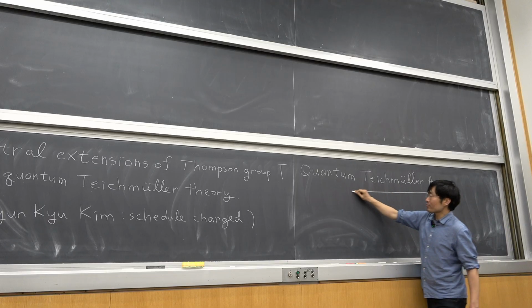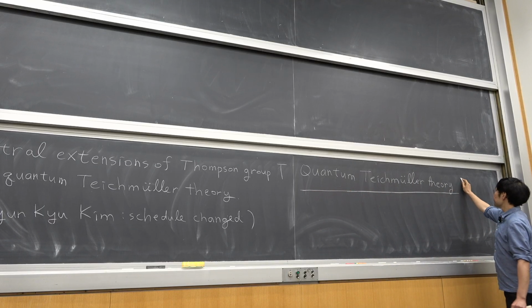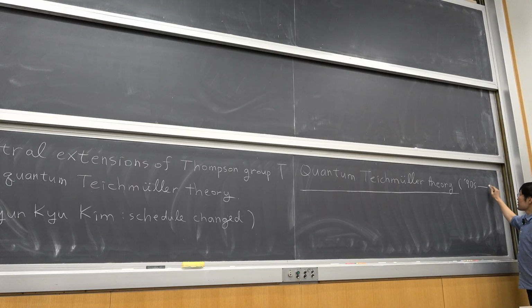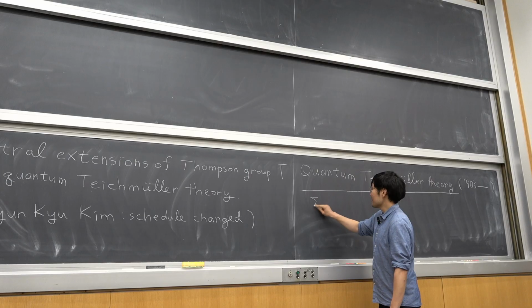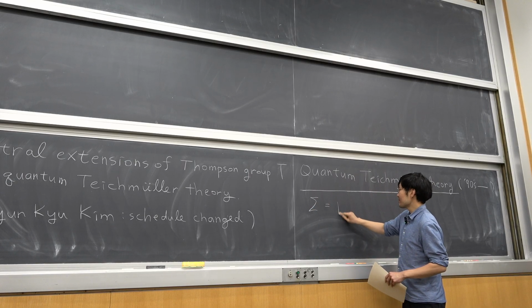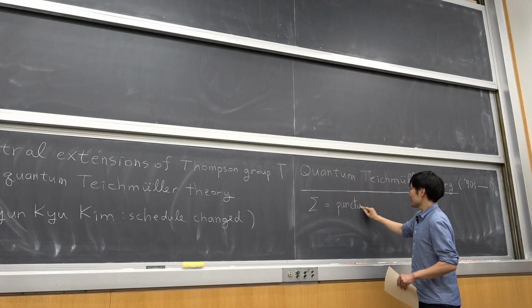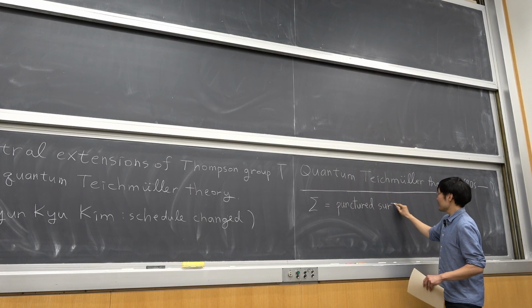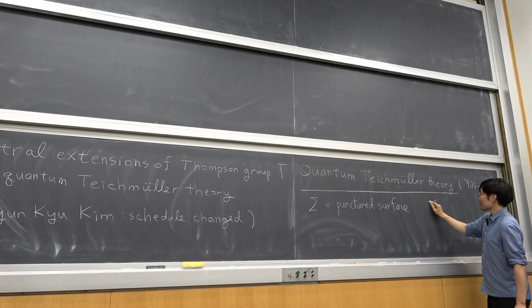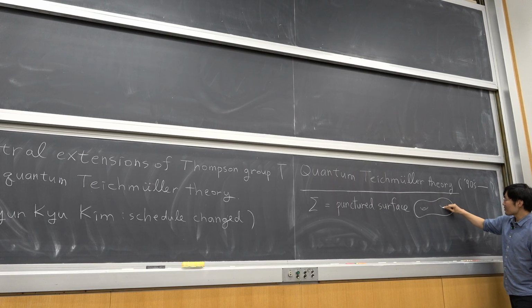So it was kind of born in the 1990s. So the initial development was in the 90s, and then it has been developed after. So let me first begin with the finite type story. So I'll let sigma be the finite type punctured surface. So it looks something like this with some genus and some number of punctures.